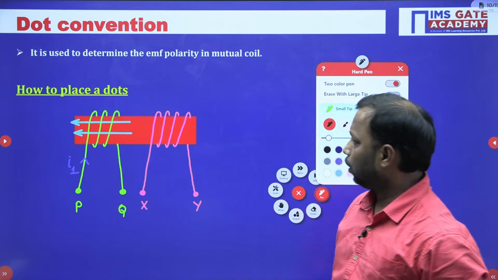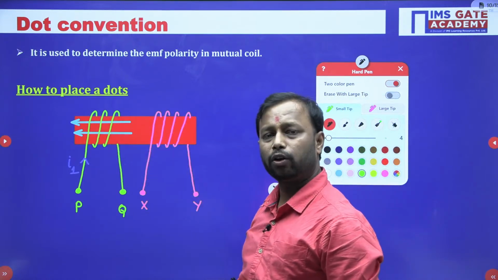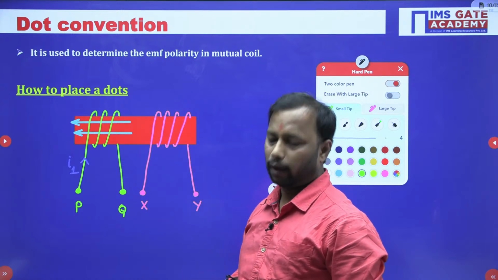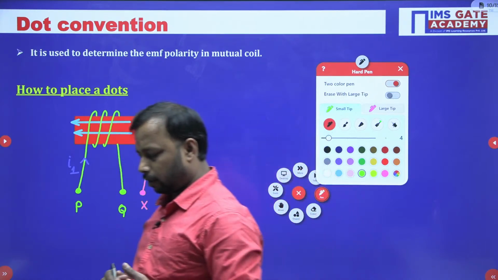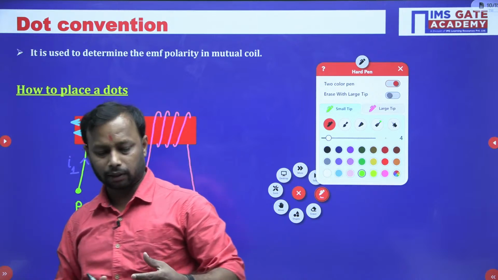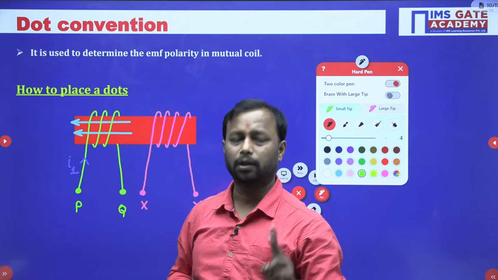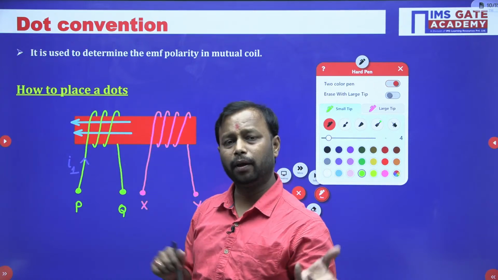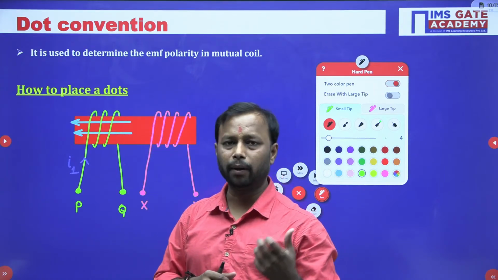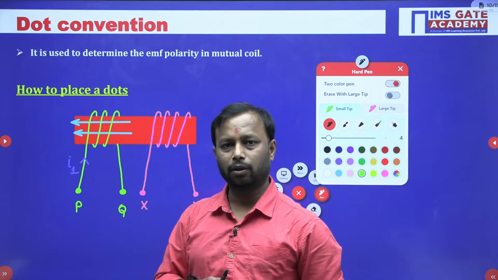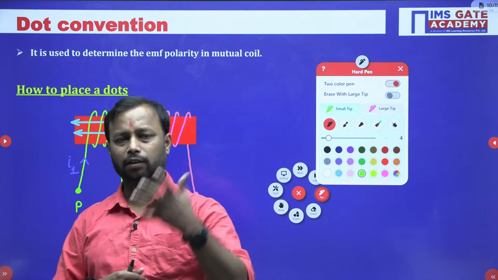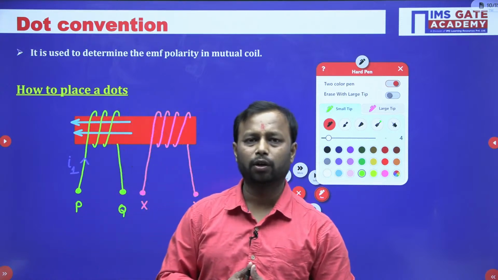Now this flux is going to induce an EMF in the second coil. The nature of the flux can be of two types. Either the flux produced by both the coils can be adding in nature, or it can be opposite in nature. So let me take a general example of a transformer where the fluxes are opposite to each other.